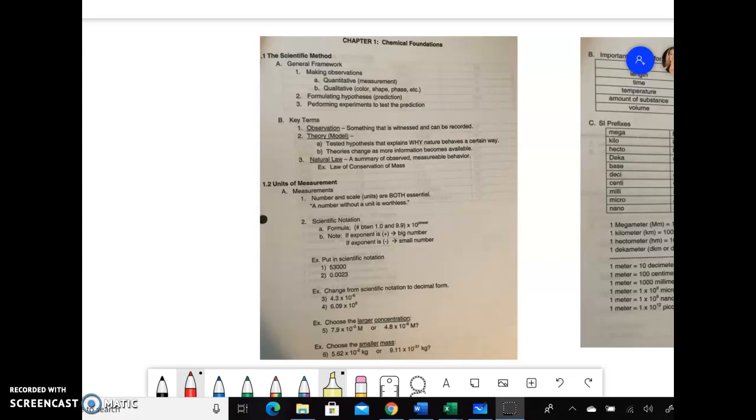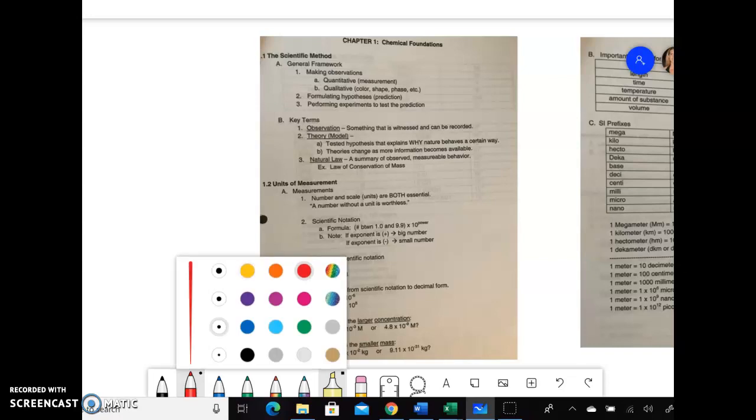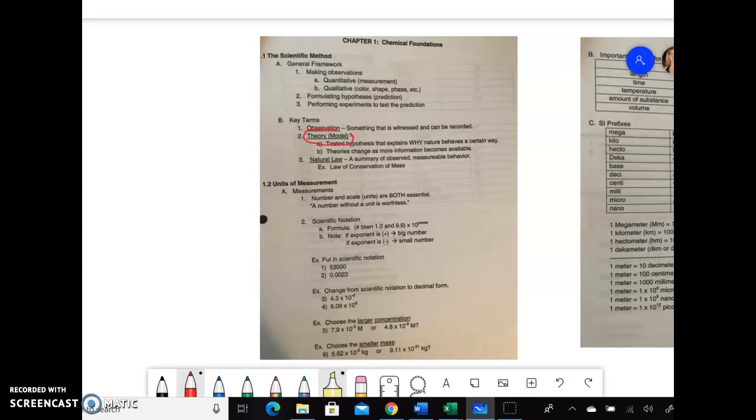There's a few terms here, theory versus a law. A lot of people struggle with those two. So a theory versus a law. Highlight those two words. A theory is an explanation for why something happens. So why is the key word there, but it changes. So we don't always know exactly why something happens. We just use our experiments to try to explain things.